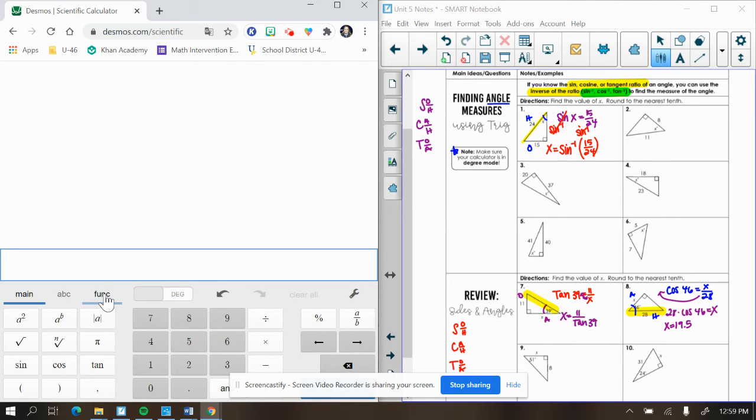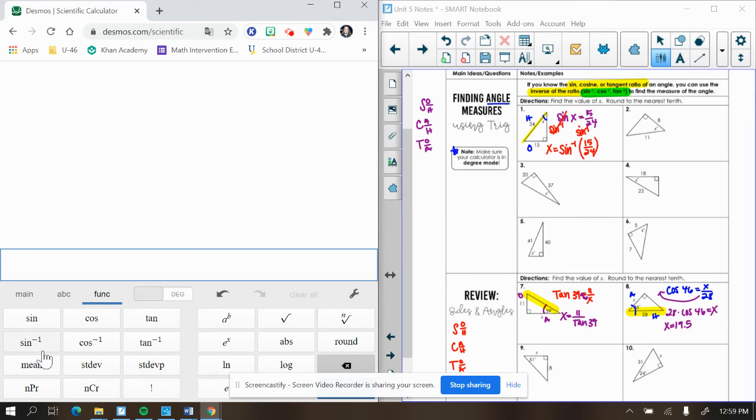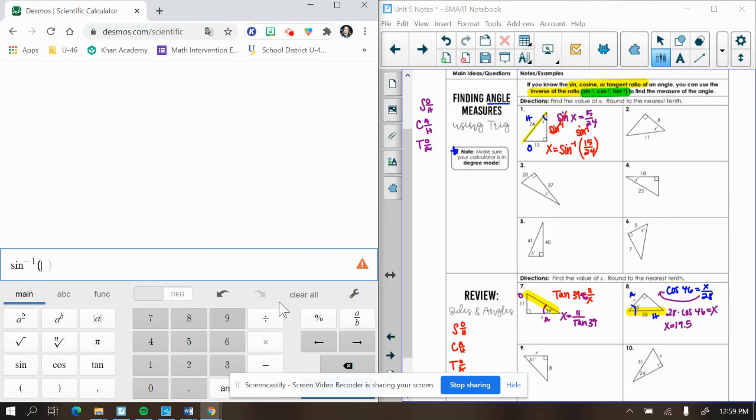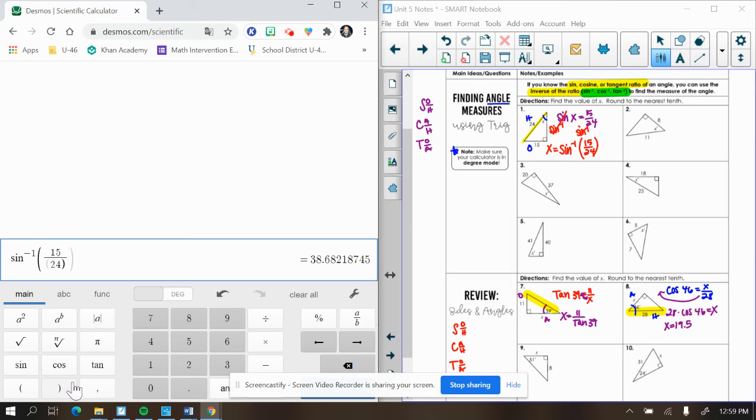So what we need to do is click on this function button. And here, see where it says sine^-1? So we're going to plug that in. We're going to go back to the main, and we're going to do 15 divided by 24. You see how that made that into a fraction? Then we can close our parenthesis there.